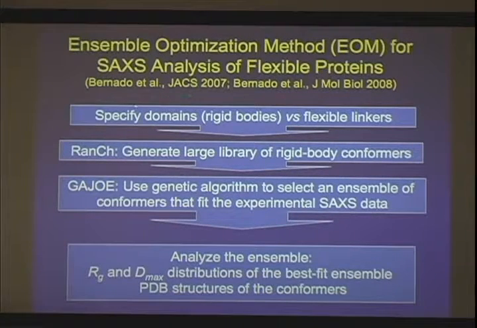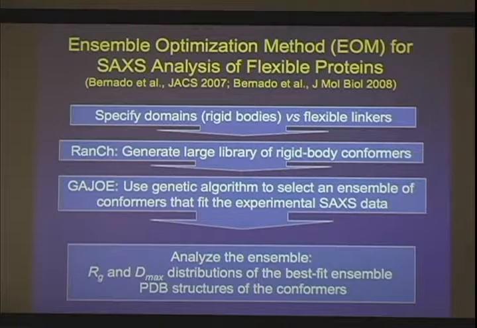The technique is essentially to specify in a molecule parts that are rigid bodies and those that are linkers. You keep the high resolution structure as rigid bodies and then allow these flexible linkers to assume lots of different conformers. You generate a large library, typically on the order of 10,000 conformers, where these linker regions assume various allowable phi-psi angles, and then you use a genetic algorithm to select an ensemble of typically 20 structures among those.